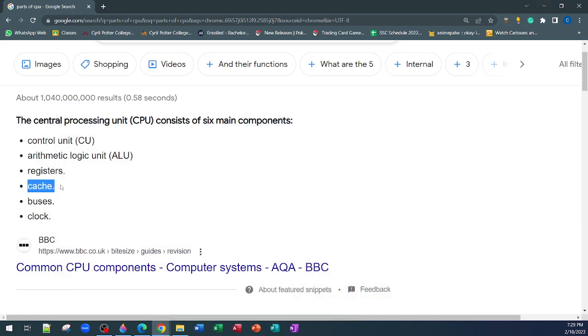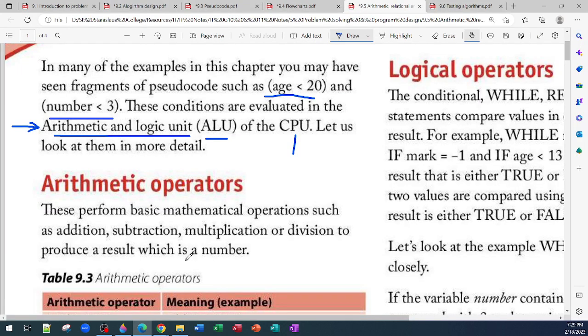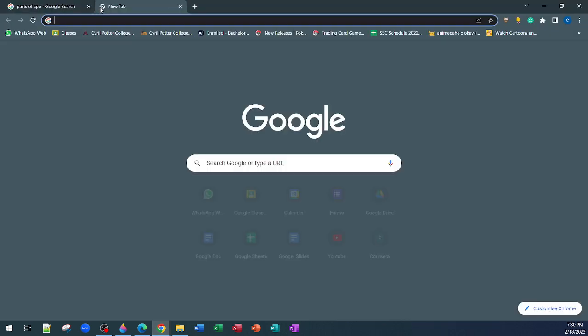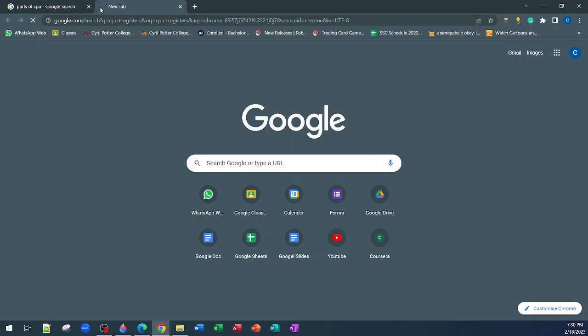A cache is simply built-in storage in the CPU. Somewhere on the CPU is going to have a cache, built-in storage in the CPU. A register. What is a CPU register? Anybody knows? I can't remember it off the top of my head.